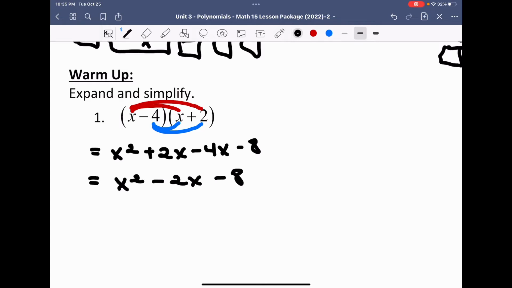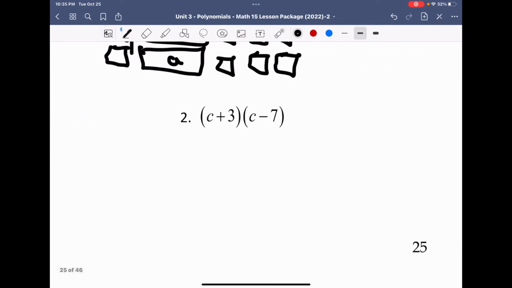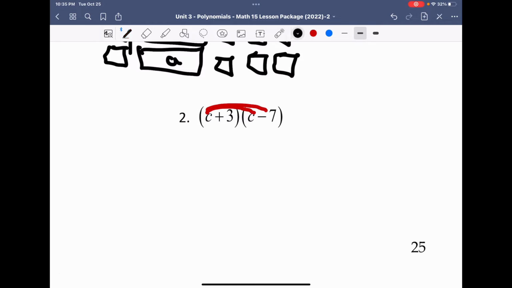So we've taken a binomial times a binomial, multiplied them, or the product of two binomials, and we got a trinomial out of them. All right, let's do one more example here. So I take my c times the c times the negative 7. This is equal to c squared minus 7c. Now I go to my second term, and I multiply it to each of the ones in the next binomial.